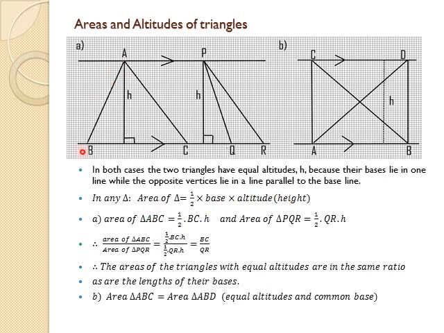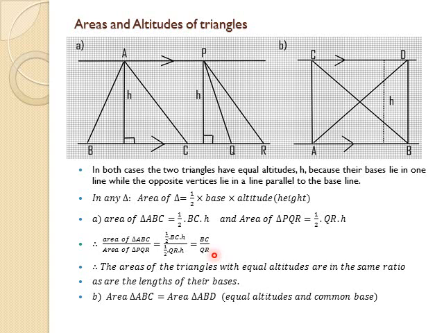So area of triangle ABC equals half times my base, which is BC, times my perpendicular height, H. Area of PQR equals half times QR times H. So if I say area triangle ABC divided by area triangle PQR, that would equal half BC times H over half QR times H. Half and half cancel, H and H cancel, so that gives me BC over QR.